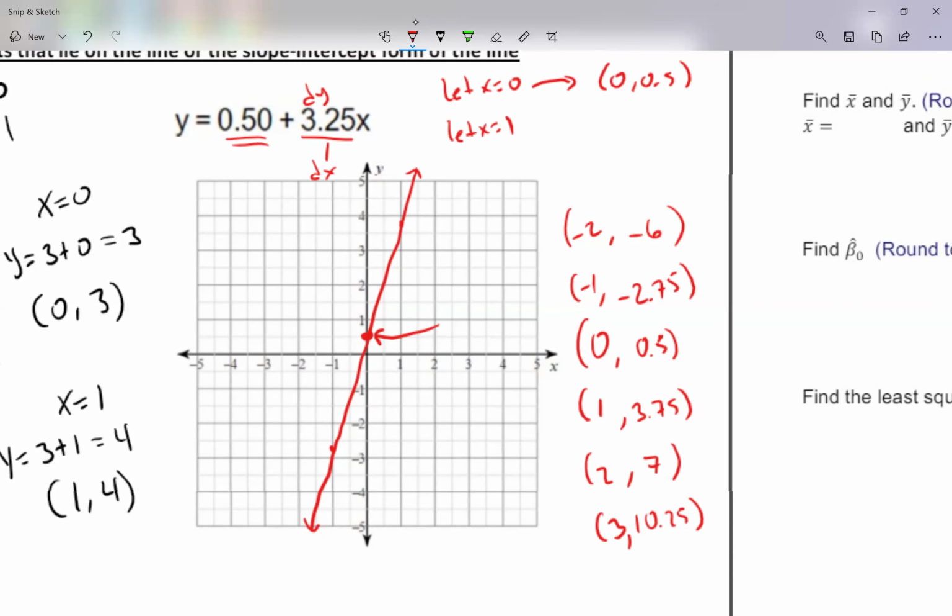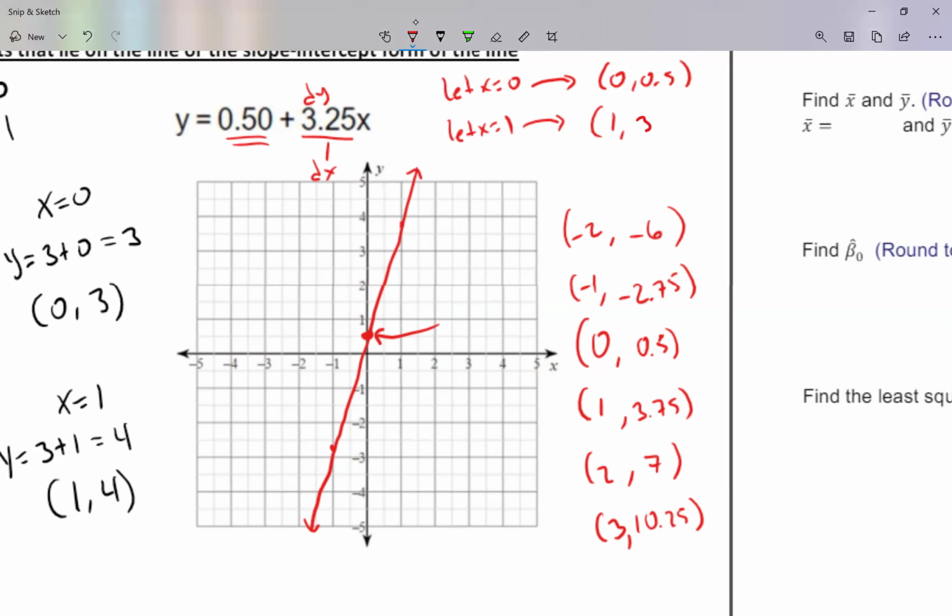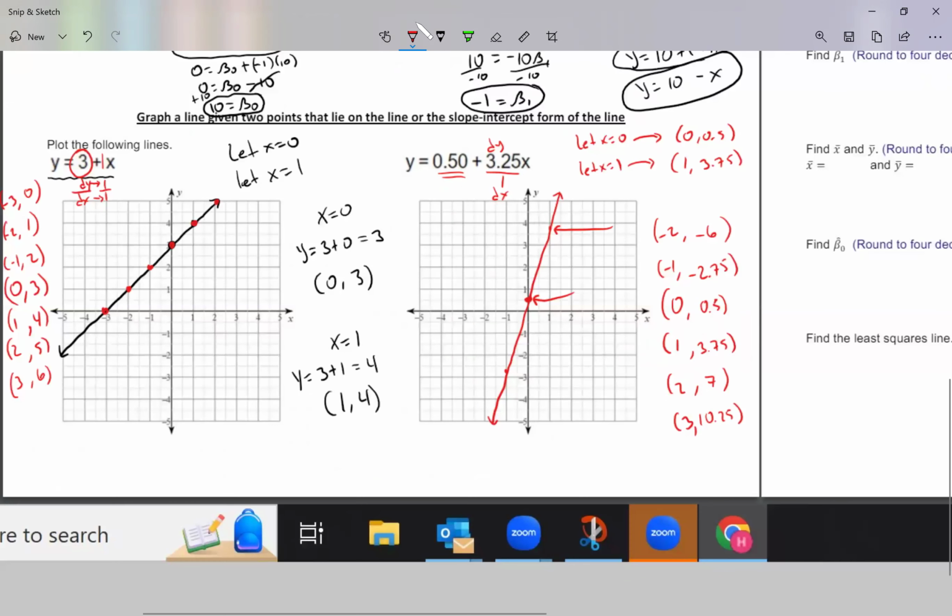What if we let x equal 1? That would have given us the point (1, 3.75), which you see there. Graph those 2 points, draw a line that goes through them. Not a big deal. Like I said, we are in stats, so we're not afraid of decimals. This is how we do it.